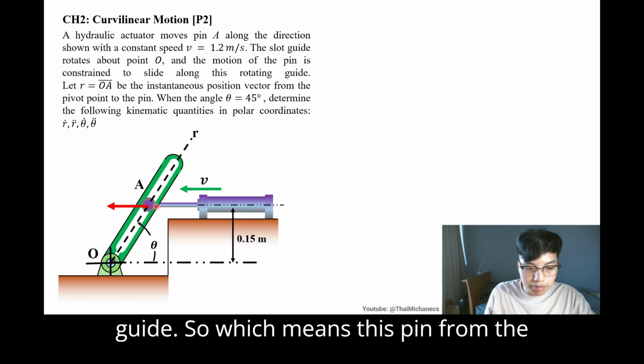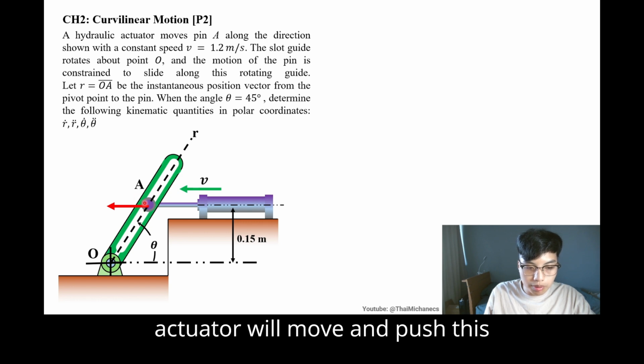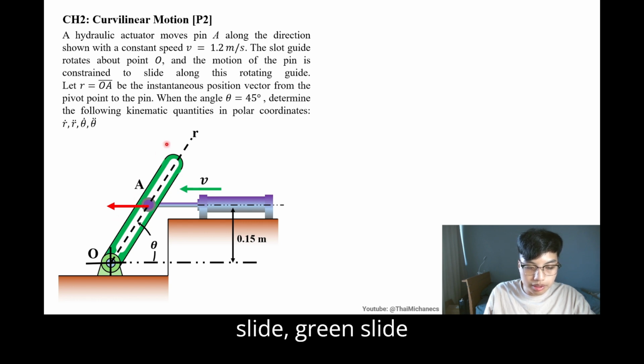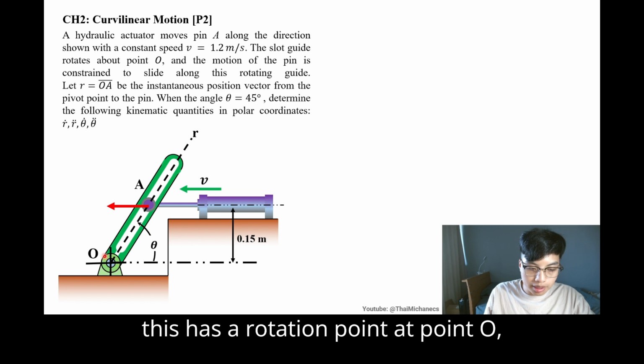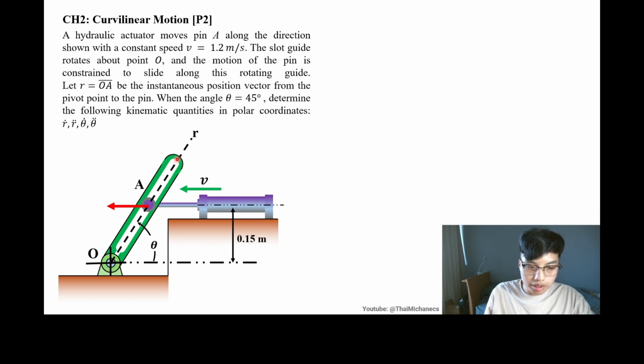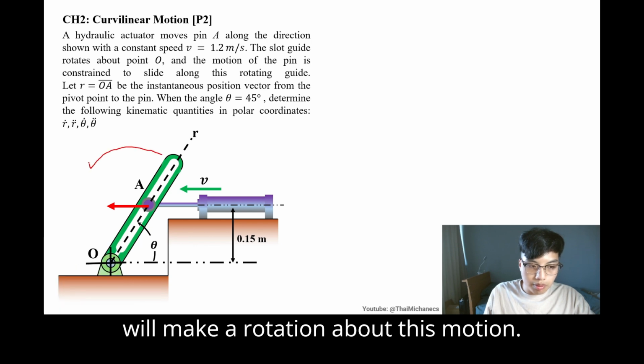So this pin from the actuator will move and push this green slot to the left side. Since it has a rotation point at point O, this green slot will make a rotation about this motion.